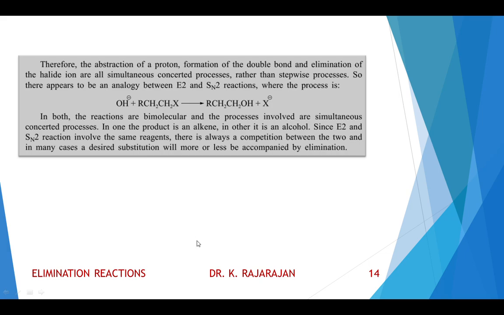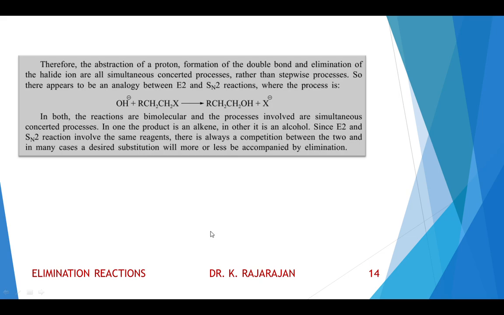So there appears to be an analogy between E2 and SN2 reaction. In the previous case, we compared the SN1 reaction to the E1 reaction. Similarly, here also we can compare the E2 reaction with the SN2 reaction. In both cases, the reactions are bimolecular and the processes involved are simultaneously concerted.